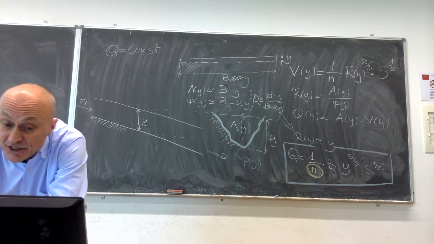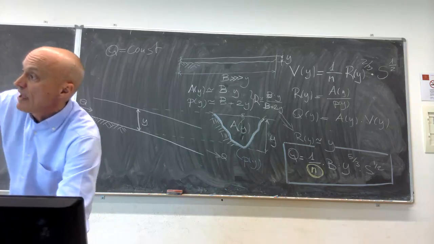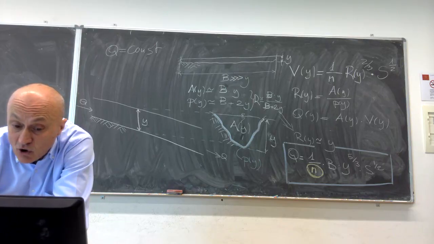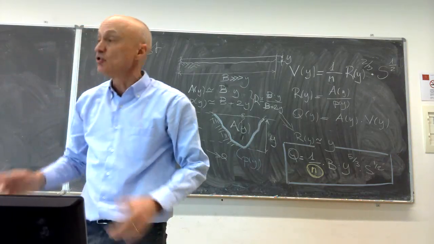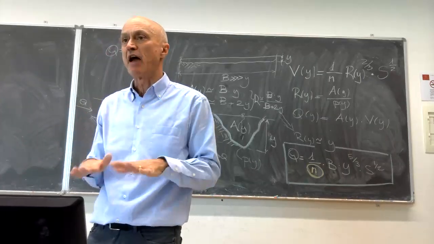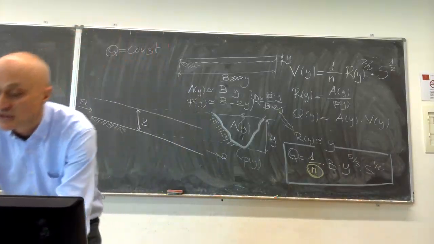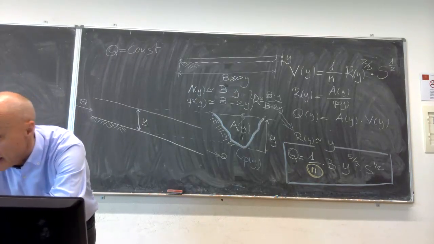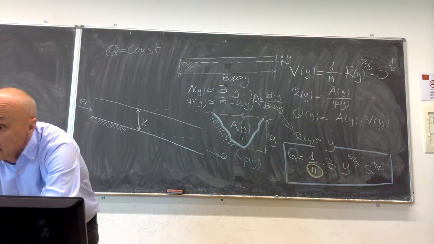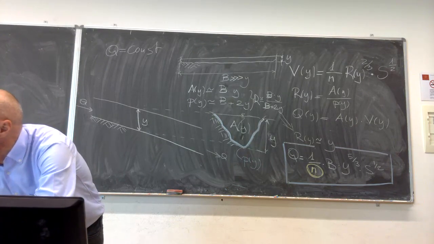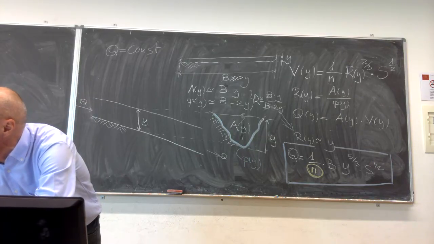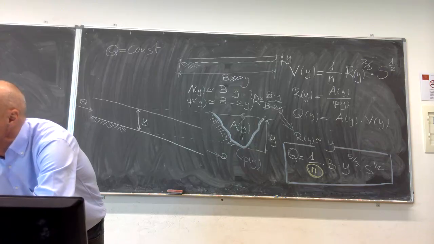So there's a lot of vegetation, very high roughness condition, and so the roughness coefficient is higher, 0.1. 0.1 meters to the power of 1/3 divided by meters to the power of 1/3. So keep in mind, these numbers work if you work in the metric system, not with cubic feet per second, okay?